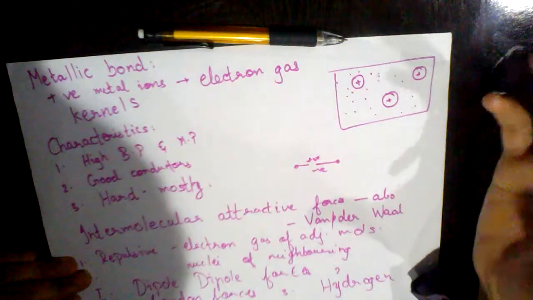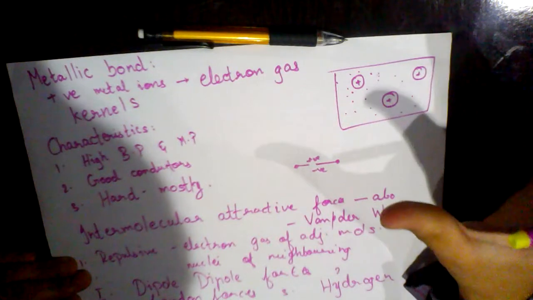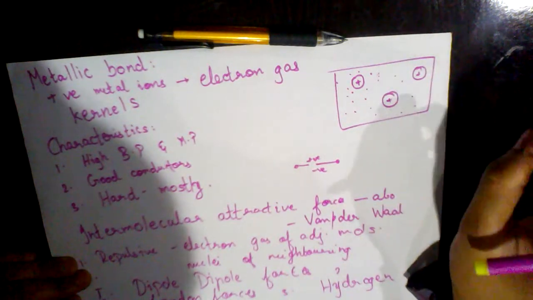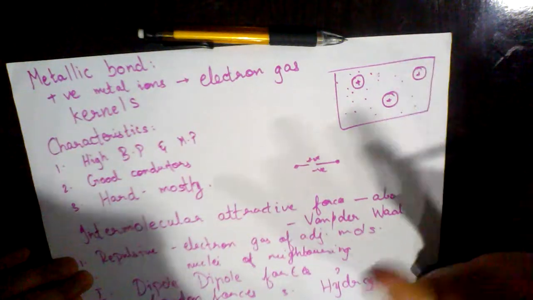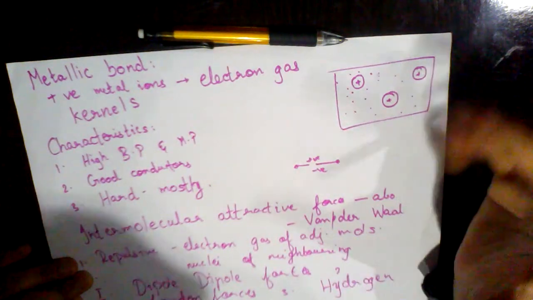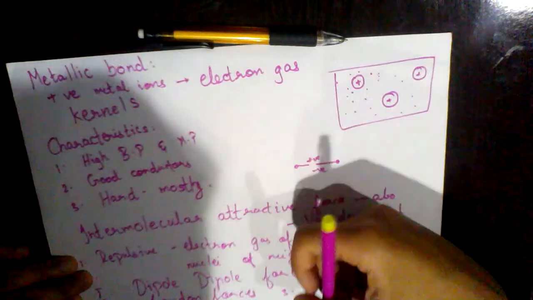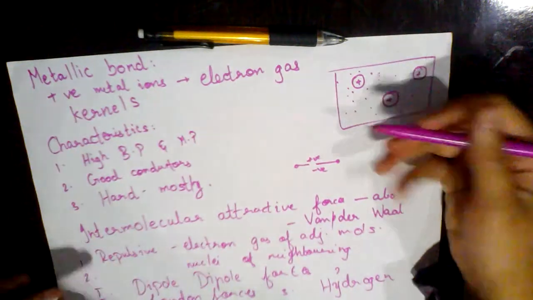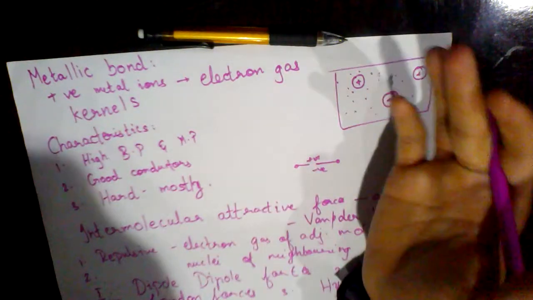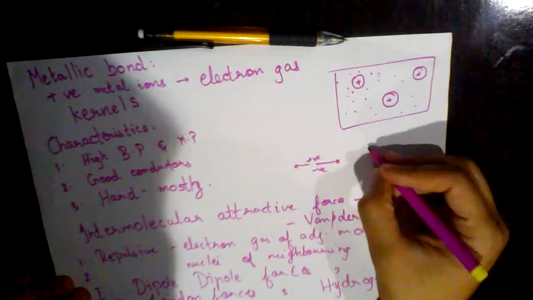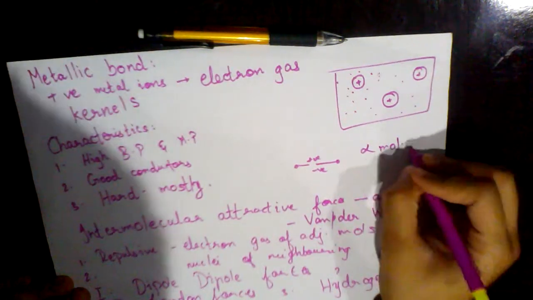So you develop an attractive force because of the varying position of electrons, and they occur in all molecules, but because they are weak forces you do not notice much difference. They increase with increase in molecular weight, so they are directly proportional to the molecular weight.